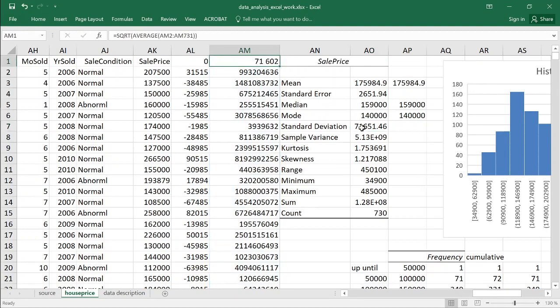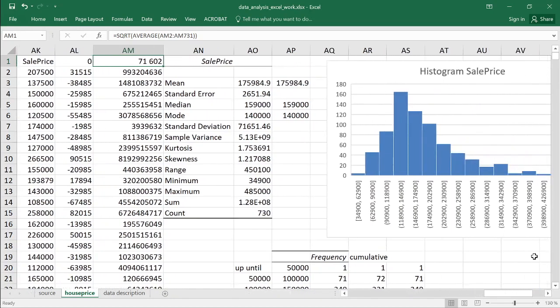So, in other words, the standard deviation summarizes the dispersion of the data in terms of the squared deviations from the mean, takes the average of those squared deviations and takes the square root.